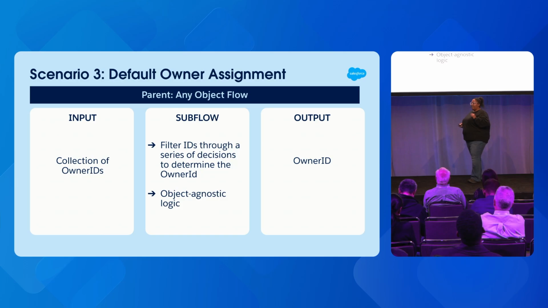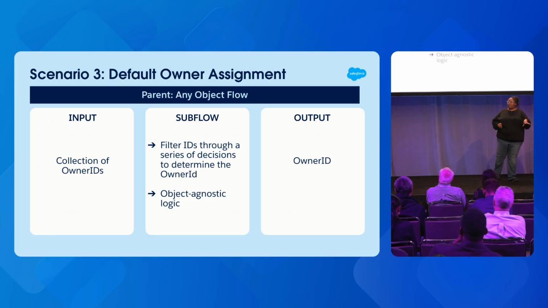The next one is something that if you make a subflow object agnostic, it also allows you to do things like owner assignment. And this doesn't apply to everything. I had a situation where I was asked, can you assign to the person who owns the least amount of records, or the fewest amount of records?